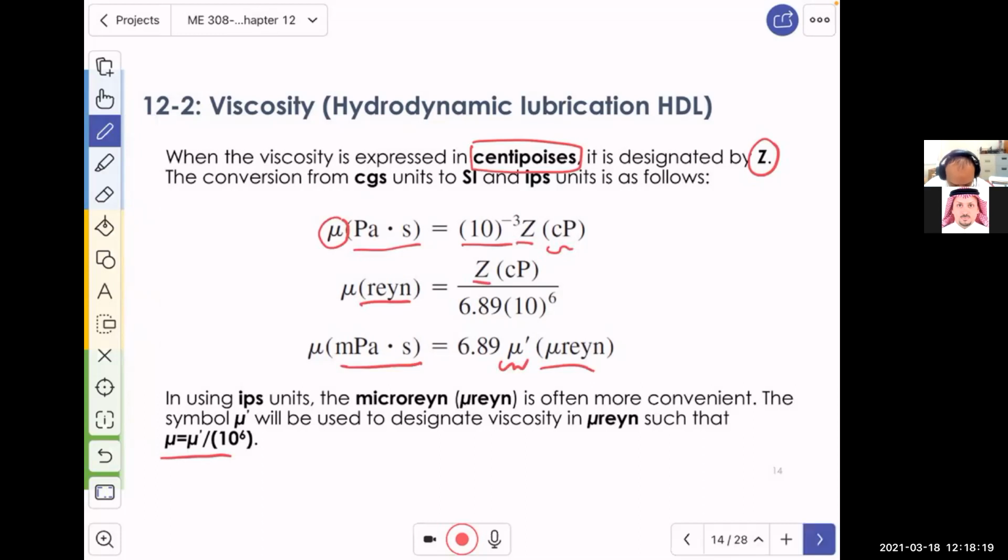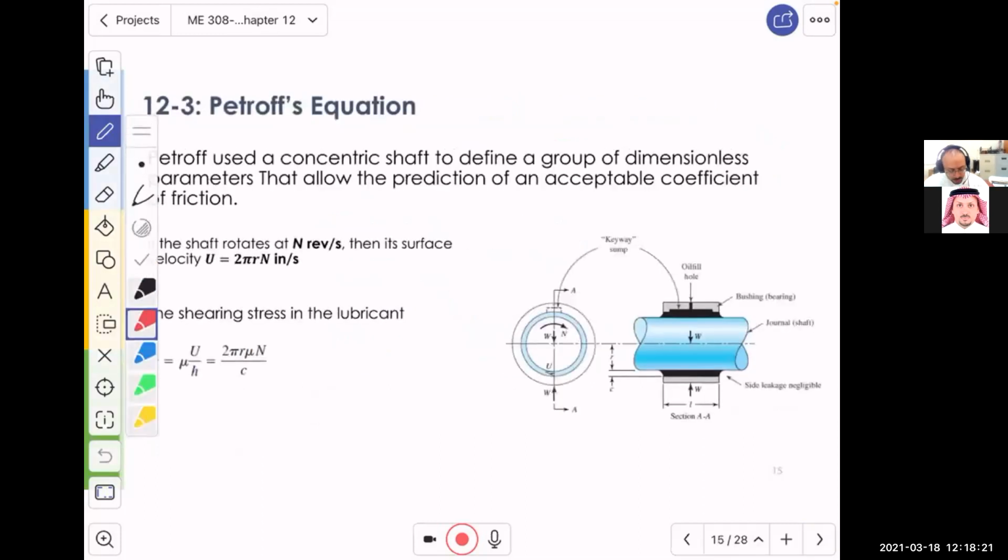Okay. Now, what we are interested in next is an equation which was derived by Petroff. This equation will not be used a lot next. Okay. But the Petroff equation is a fundamental equation for finding the relation between the friction, which is a very important parameter.